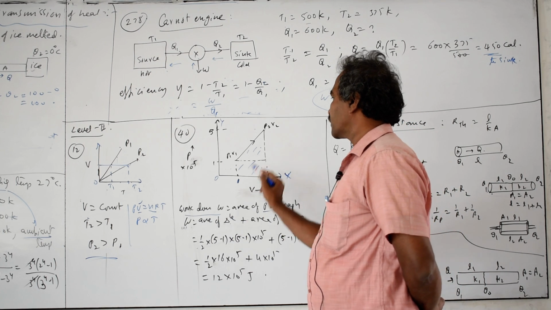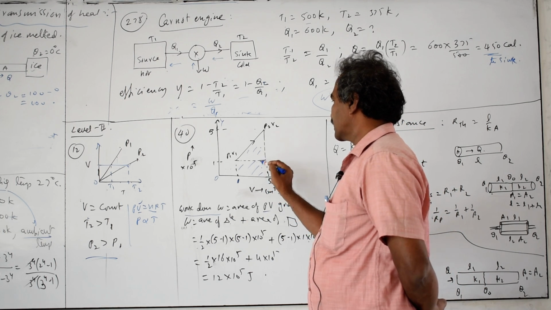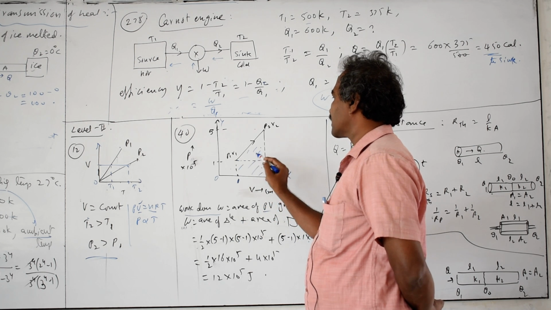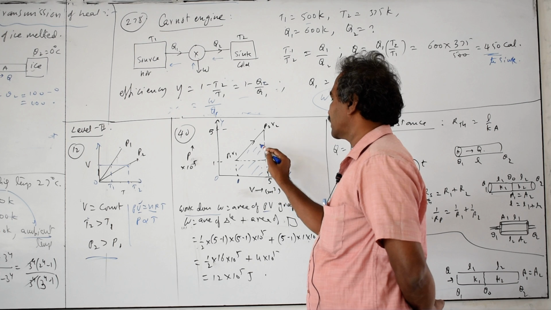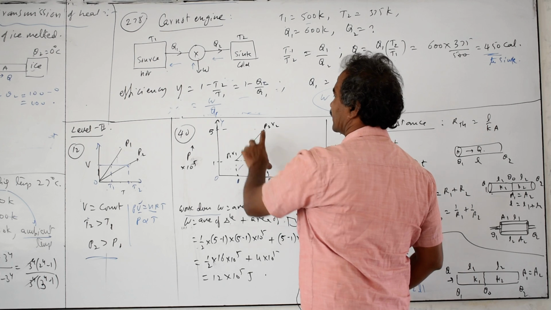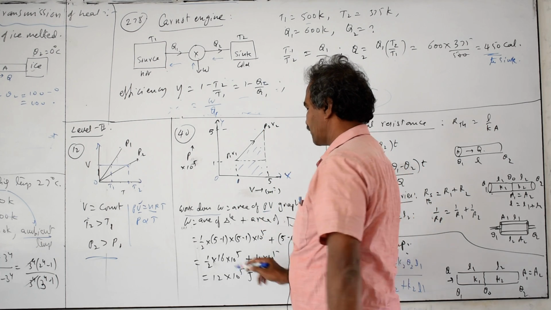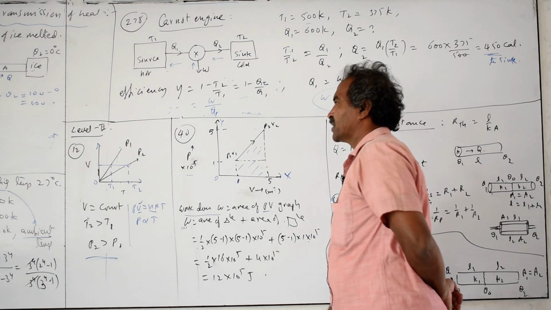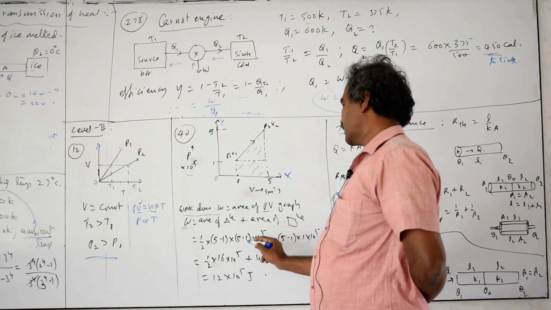So work done is equal to the area of the triangle plus the area of the rectangle. The area of the triangle is half into base into height. Base is 5 minus 1, height is 5 minus 1, multiplied with the pressure values, into 10 to the power of 5.